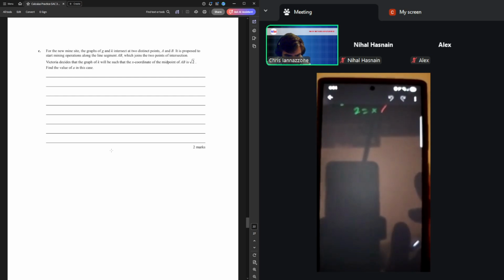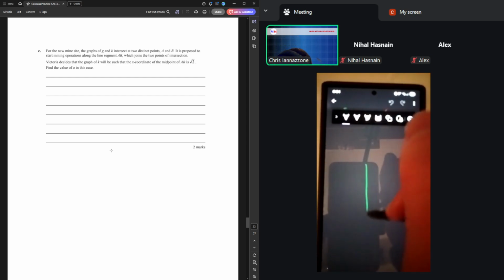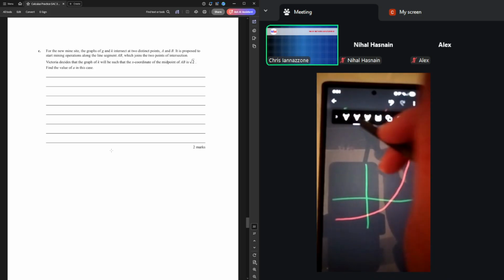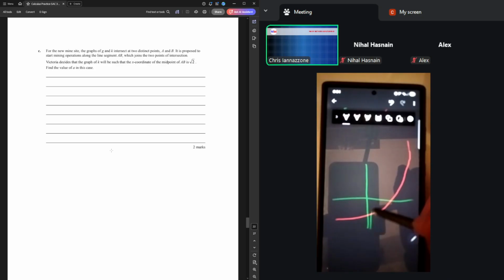So what we're trying to achieve here is as follows. We have logarithm number 1, and logarithm number 2. They intersect here and here. A line is joined between the 2 of them, so let's call this A and this B. The midpoint of that line is going to have the x-coordinate of root 2.